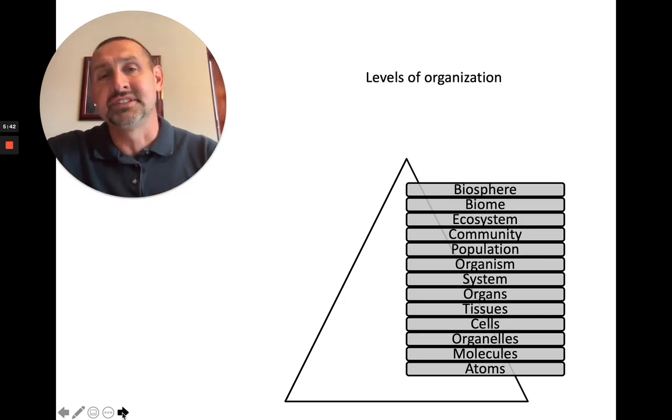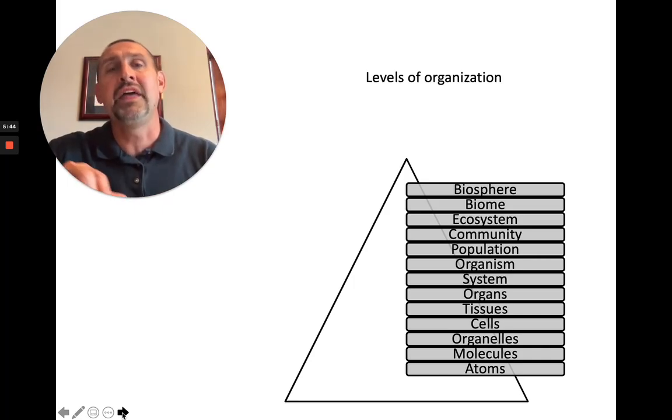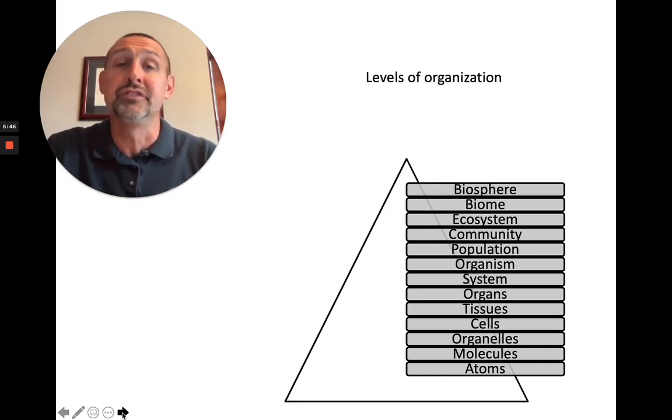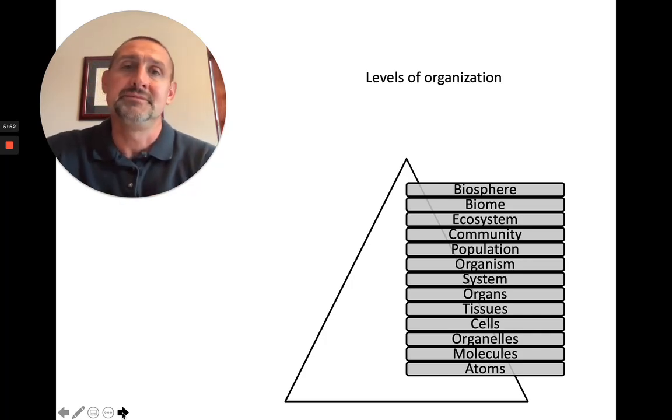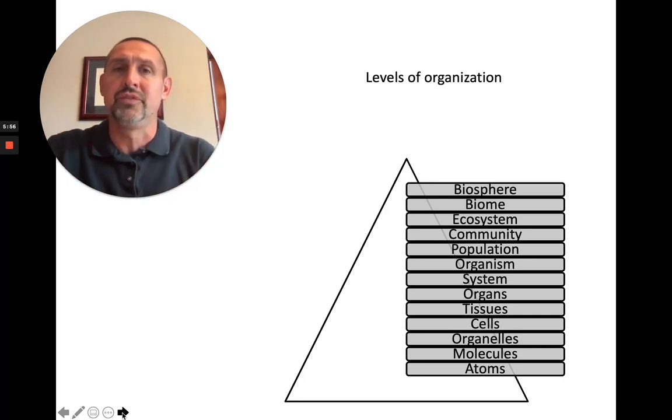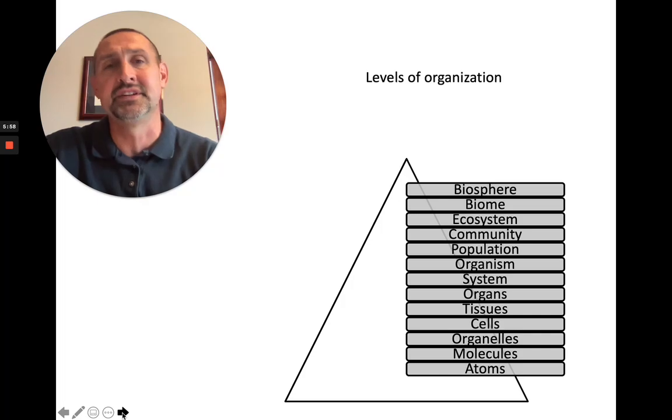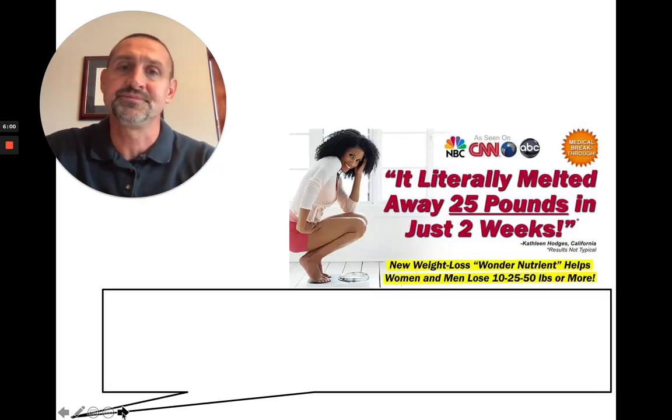Large ecosystems together make up a biome, and then biomes together make up the biosphere. So biomes are things like deciduous forest or desert, tundra, things like that. Biosphere is this little area around the Earth where life exists, just on the surface of the Earth.